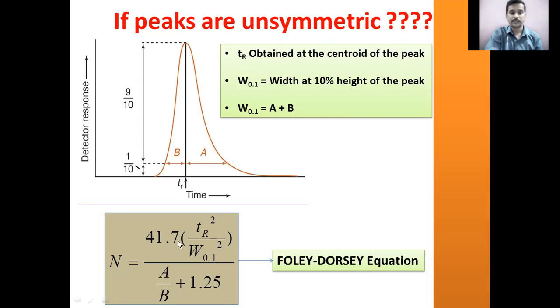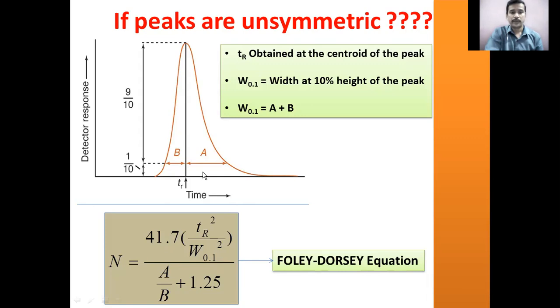This 41.7 is also a constant. So this equation is known as the Foley and Dorsey equation, and this is used to calculate the number of theoretical plates for unsymmetric peaks. So N is equal to 41.7 into TR square divided by W0.1 square divided by the asymmetry factor, that is A by B plus 1.25.